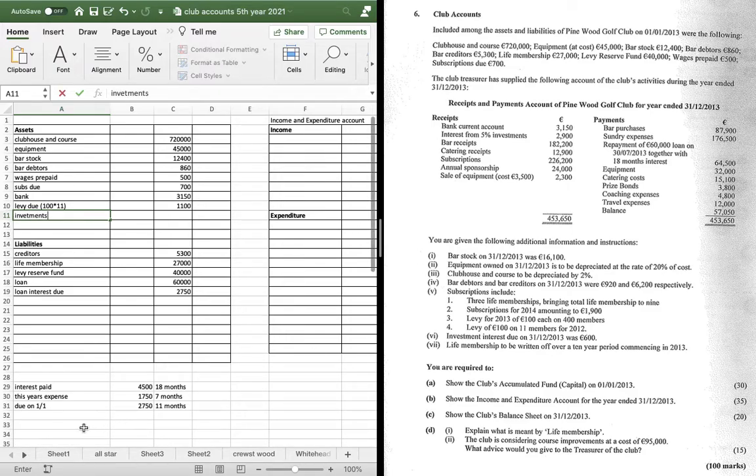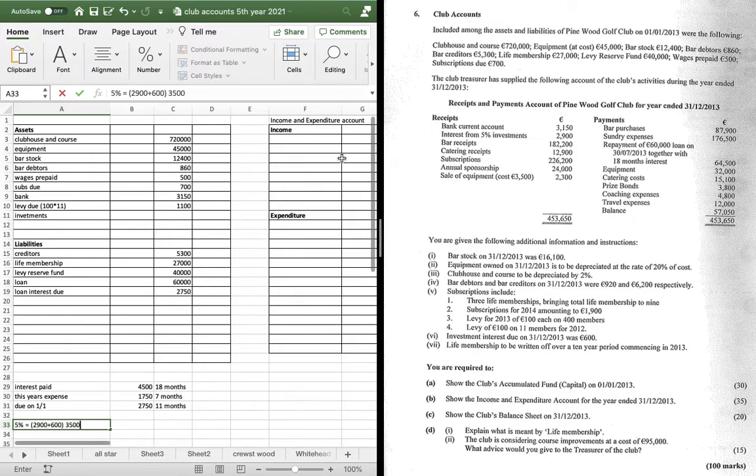Now at the bottom, so 5% is equal to this number here, 2,900. But there's investment income due at the end of the year of €600. So it's actually 2,900 plus 600. So 6% equals 3,500.